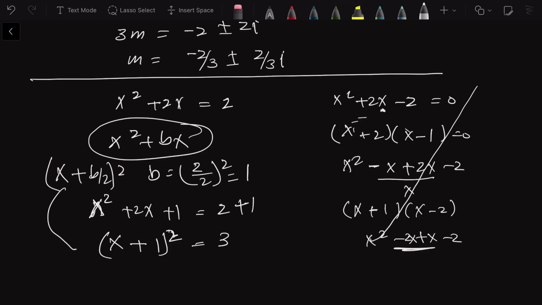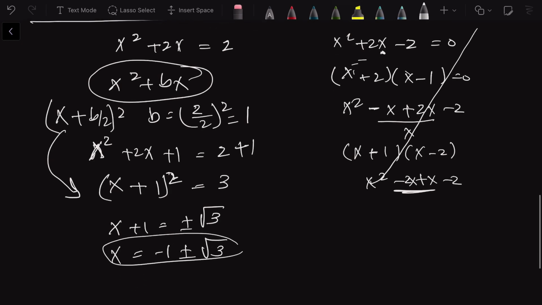That's the form. So that means x plus 1 equals plus or minus the square root of 3. So x will equal -1 plus or minus the square root of 3. And that's the answer here.